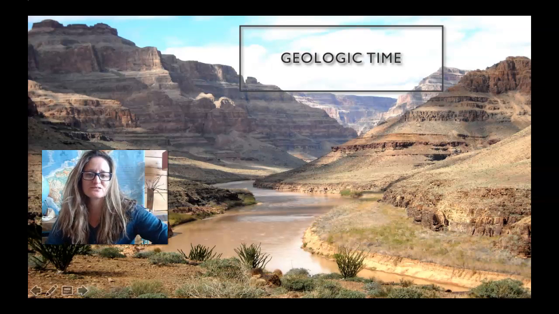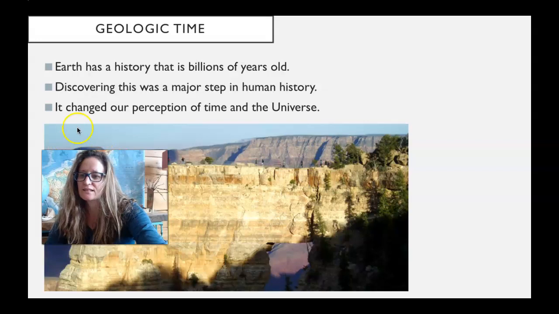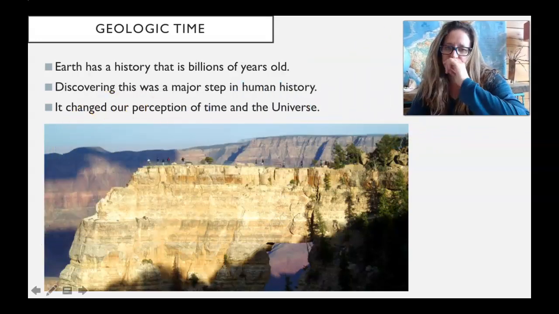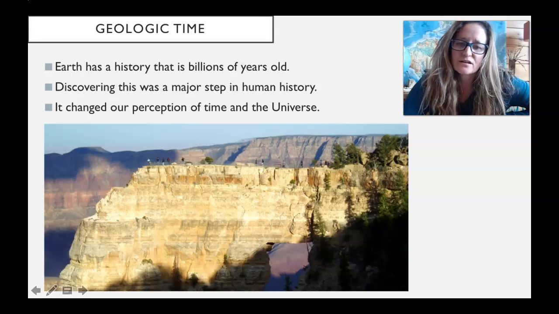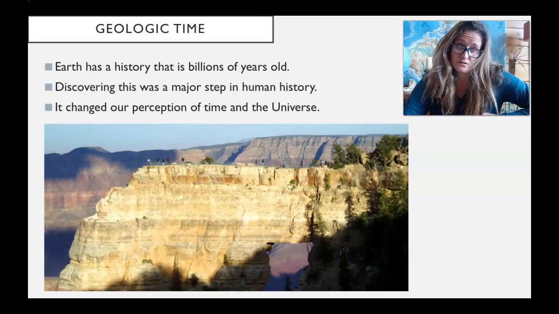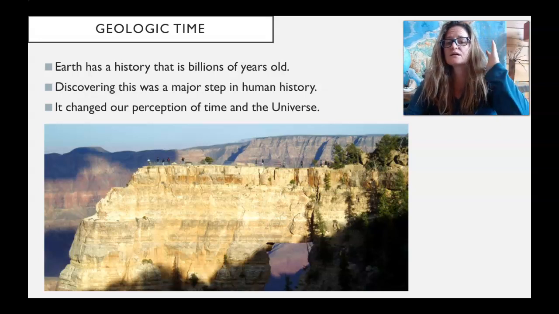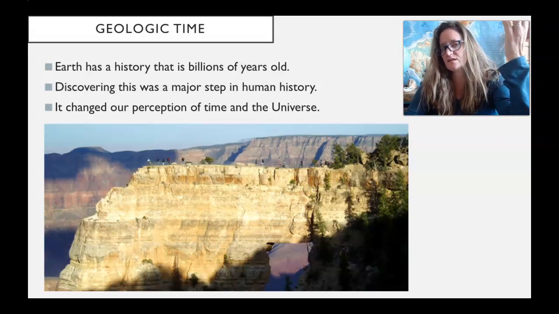We're at chapter 12, geologic time. The earth is billions of years old. And the realization that the earth was billions of years old really was a big step in human history.